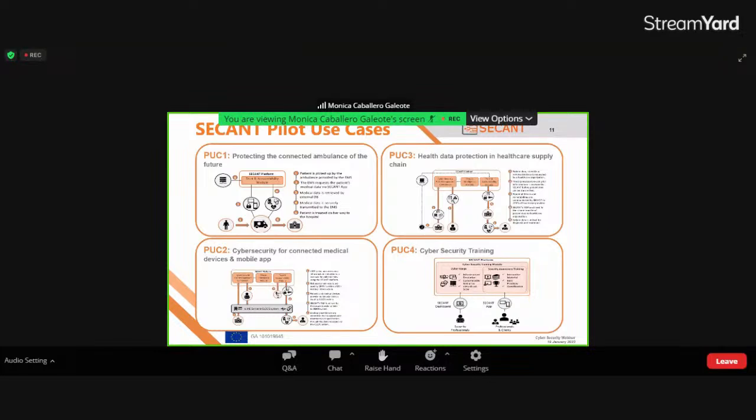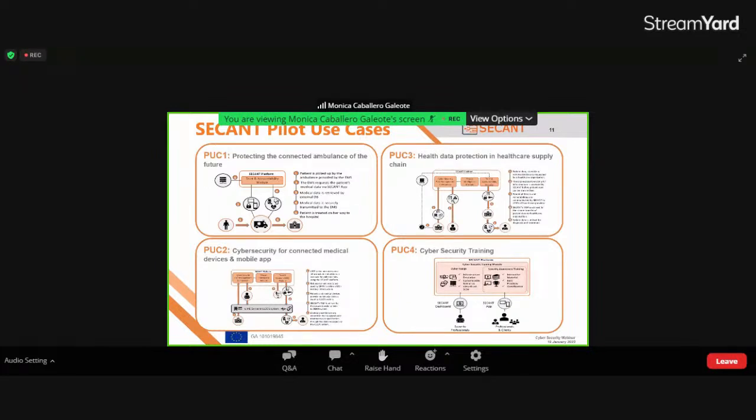The third use case is cybersecurity for connected medical devices and mobile apps, and it will serve to validate SECAN's efficiency to deal with the cascading effects of cyber threats, and also with propagated vulnerabilities in connected healthcare infrastructures, as well as in remote healthcare settings.